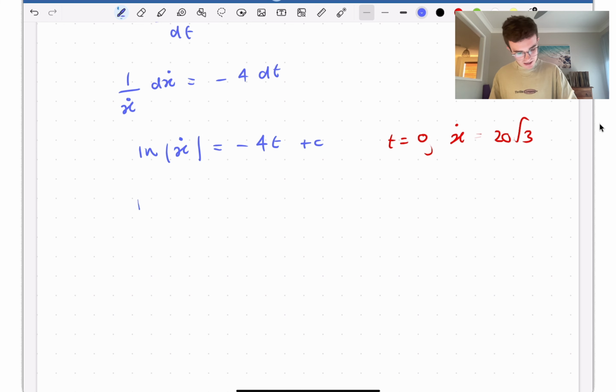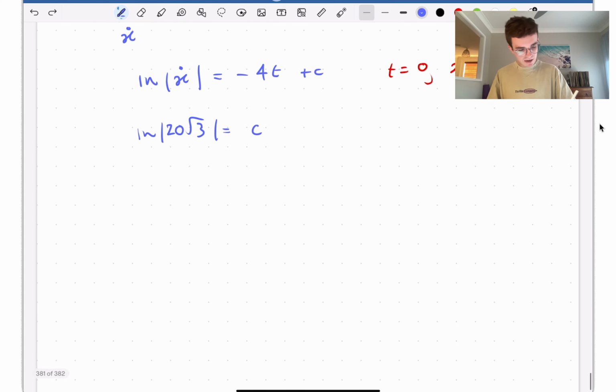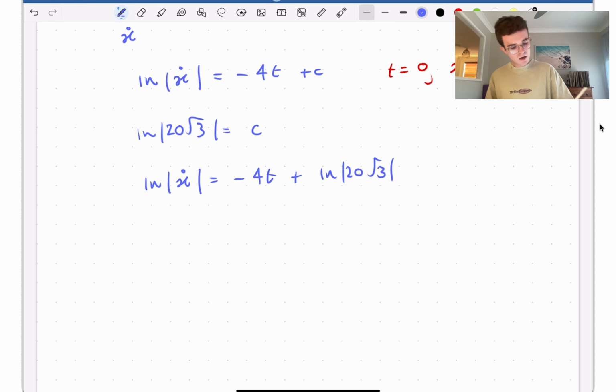So that means ln of 20 root 3 is equal to minus 4 times 0, time is 0, plus c. So that means c is equal to ln of 20 root 3, which means ln of x dot is equal to minus 4t plus ln of 20 root 3, which means x dot is equal to 20 root 3 e to the minus 4t.